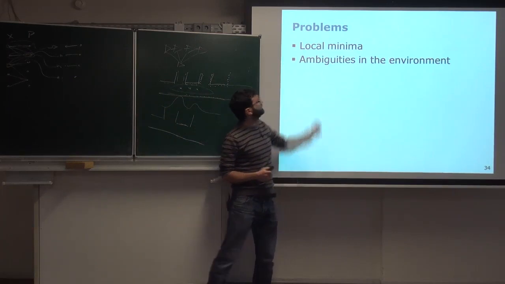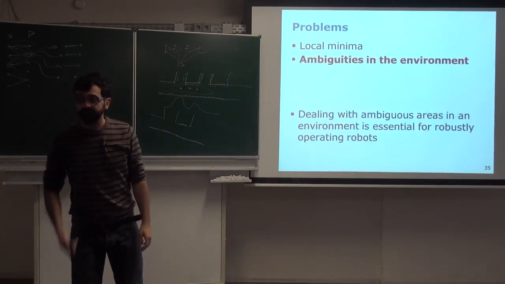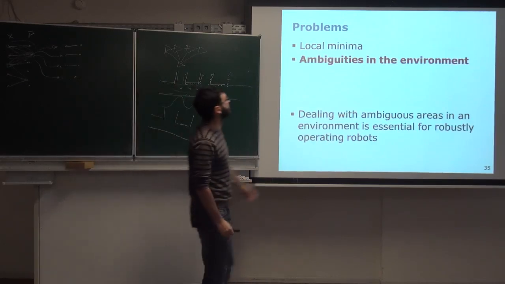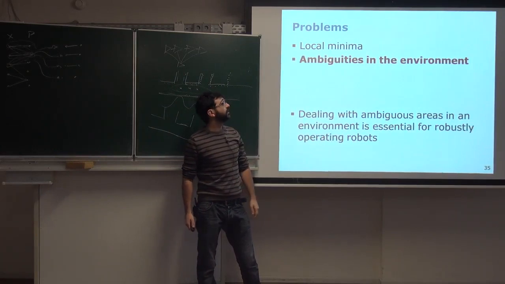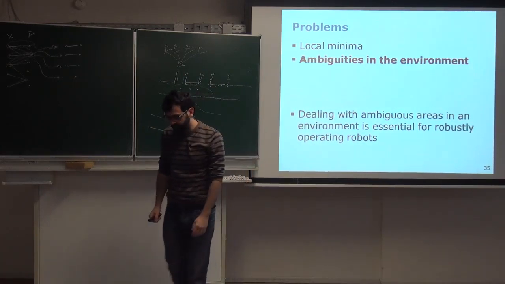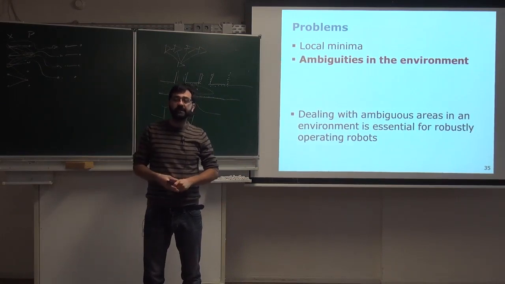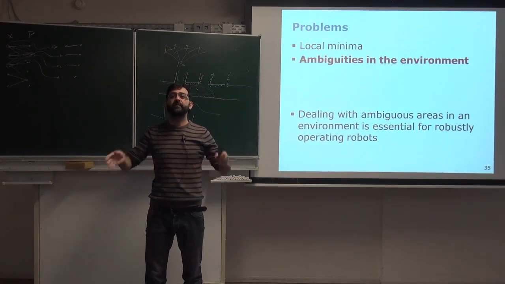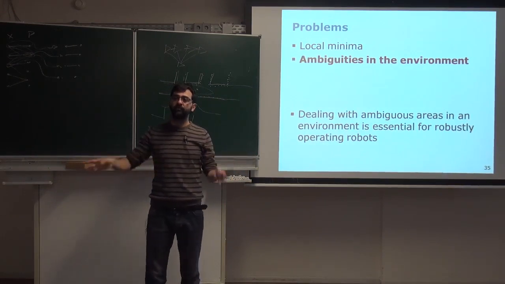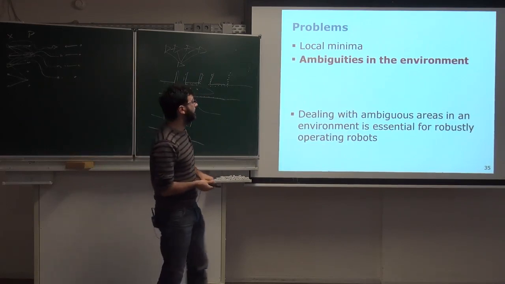It also still has problems with ambiguities in the environment. The local minima are harder to solve. From a RANSAC point of view, you can do more iterations, but you're never 100% sure that you remove any local minimum. So you have to kind of live with that.